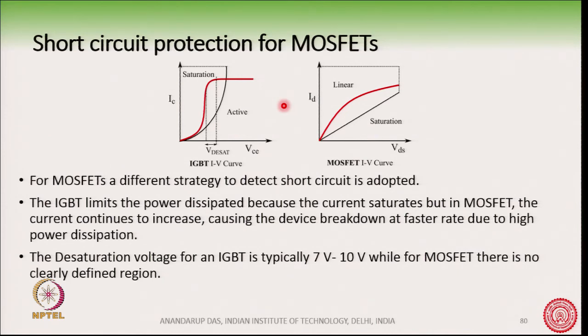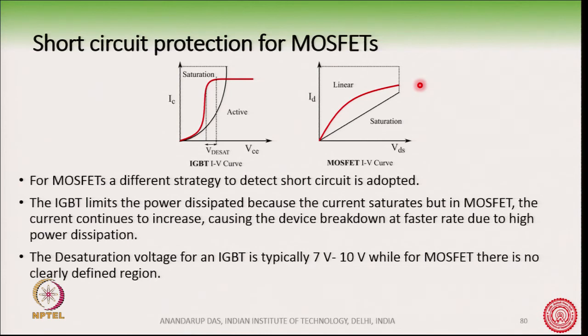In case of an IGBT, during short circuit the characteristics look like this, but in case of a MOSFET the ID versus VDS characteristic is like this. This means that when a short circuit happens, the current continues to increase in the MOSFET, causing this device to break down at a faster rate.